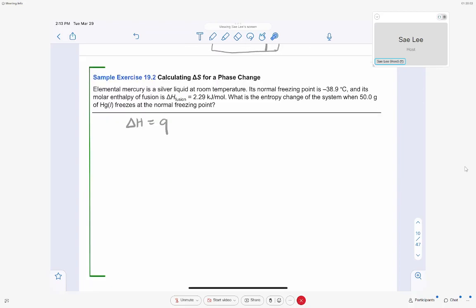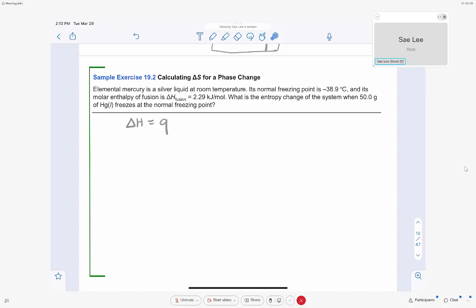The question says elemental mercury is a silver liquid at room temperature. Its normal freezing point is negative 38.9 degrees Celsius, and its molar enthalpy of fusion is delta H fusion equals 2.29 kilojoule per mole.